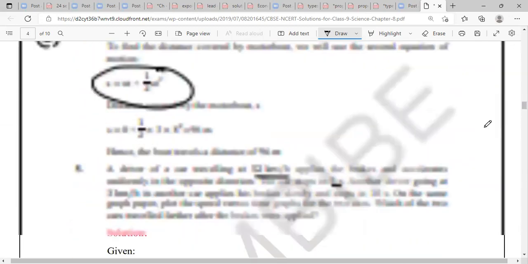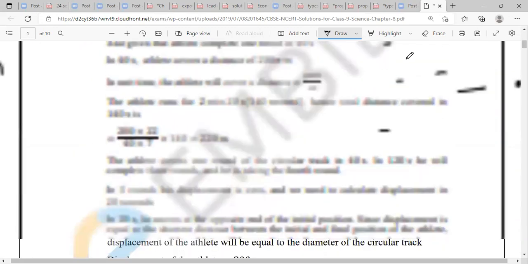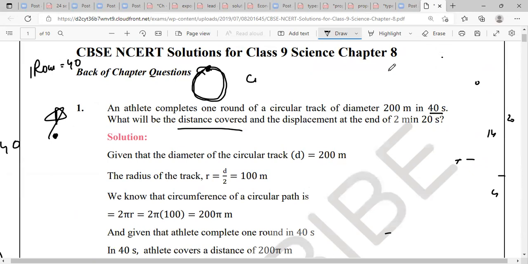Okay, so that's it for this chapter. Now I'm giving you 2 minutes. Just quickly go through whatever we did in the entire chapter and let me know if you are not clear with anything. I'm planning to take your MCQ test tomorrow, and after that I'll take one subjective test.